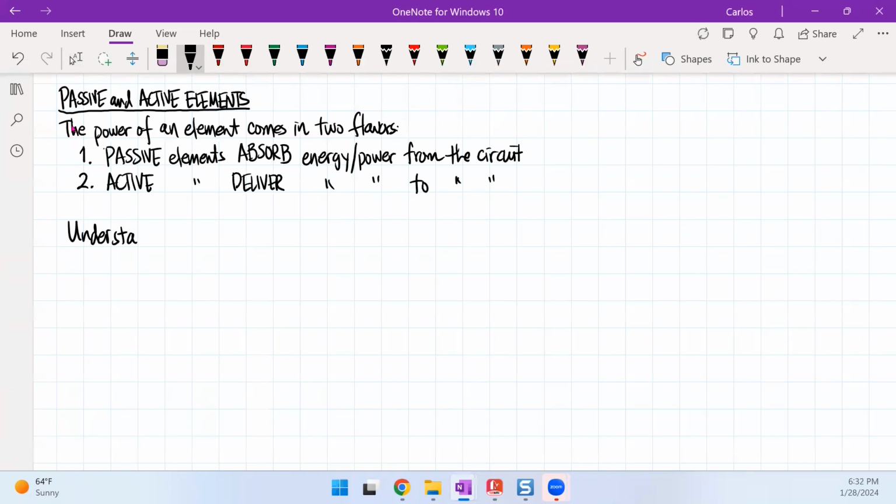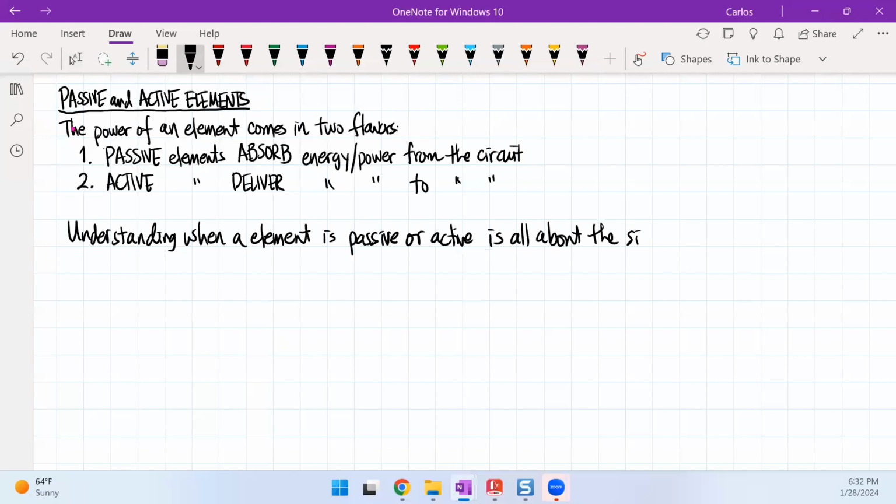Understanding when an element is passive or active is all about the sign of the current.